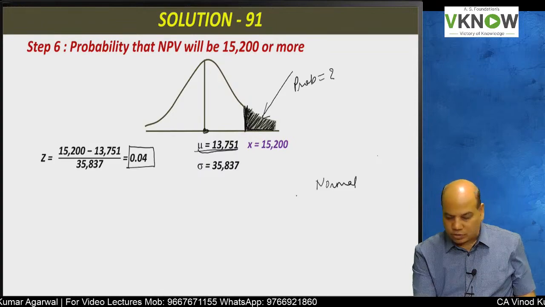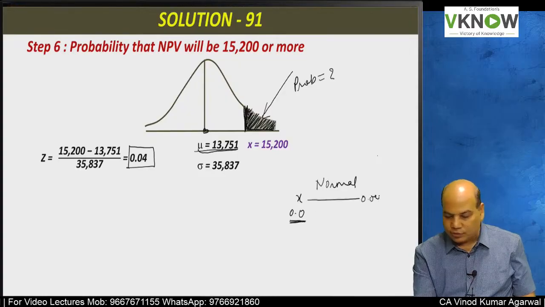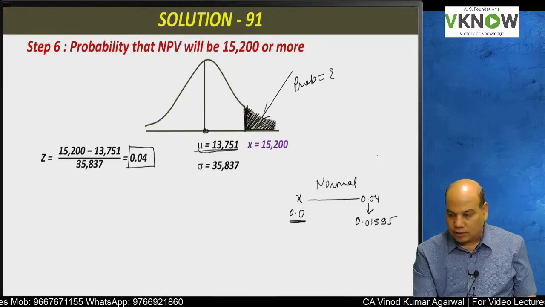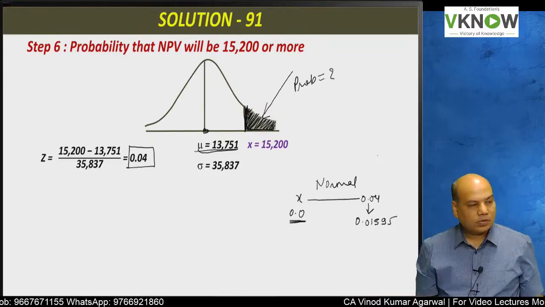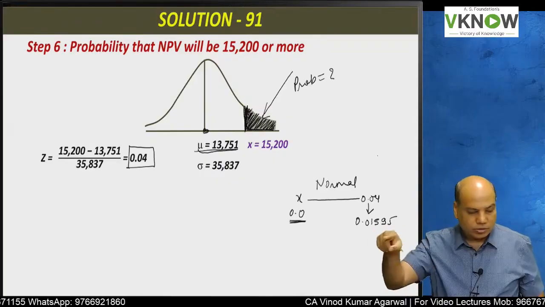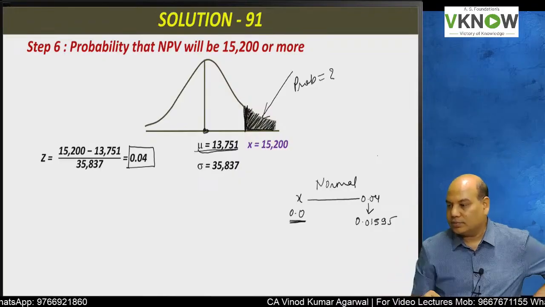In the X column, first line 0.0 is there, and you search 0.04 here, and you will find one probability written 0.01595. In the normal table, first row 0.04, 0.01595 you will find.